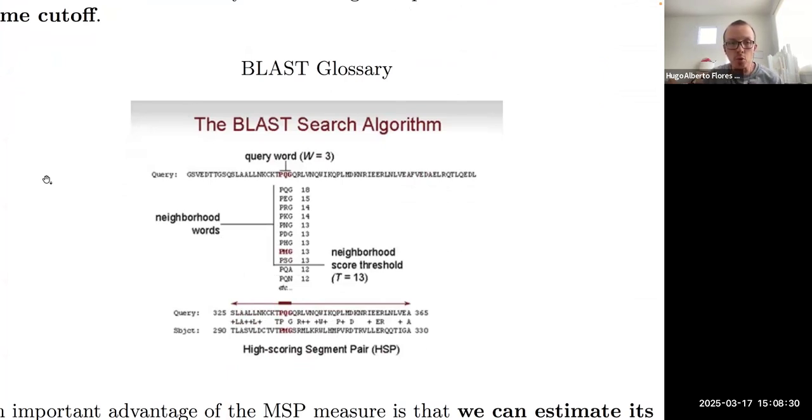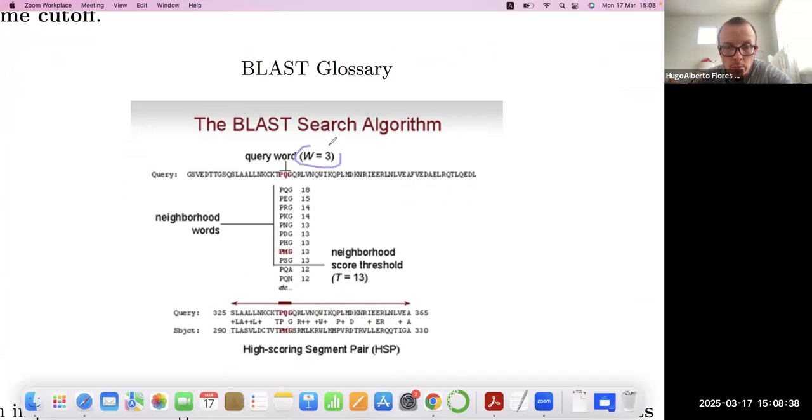And right now we are going to talk about these values. So how many letters are in this word? In this case, 3. Or what is the cutoff that I mentioned previously, that here I'm going to use 13.